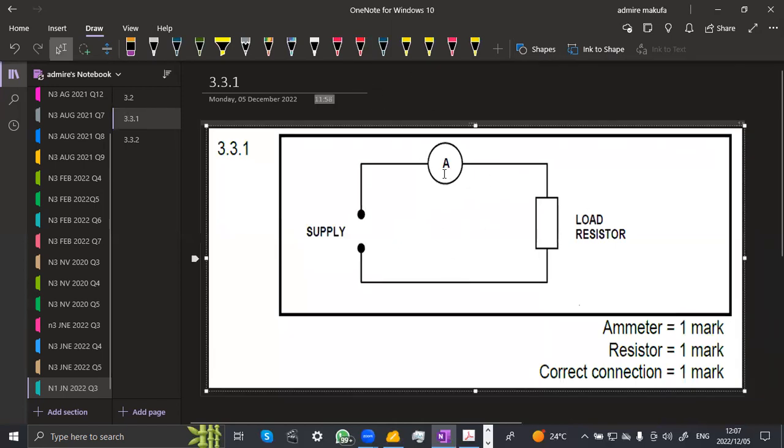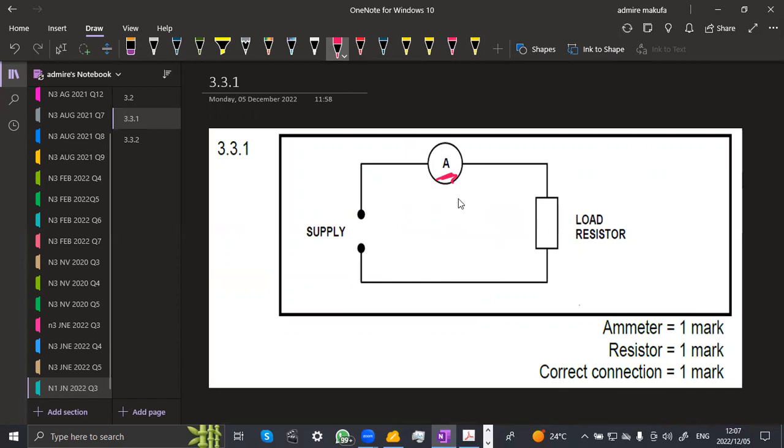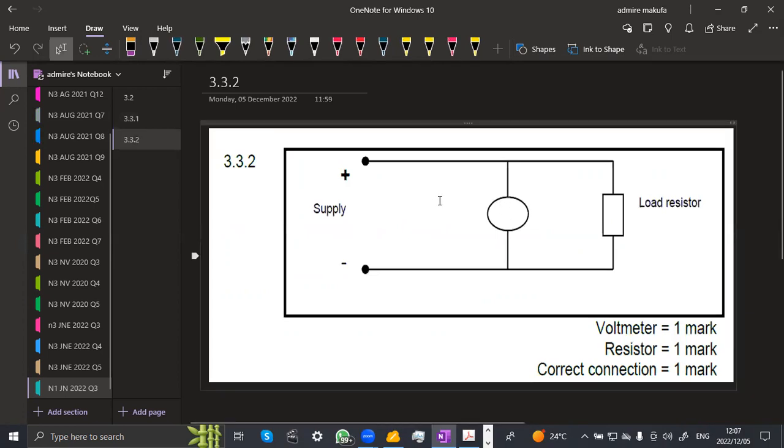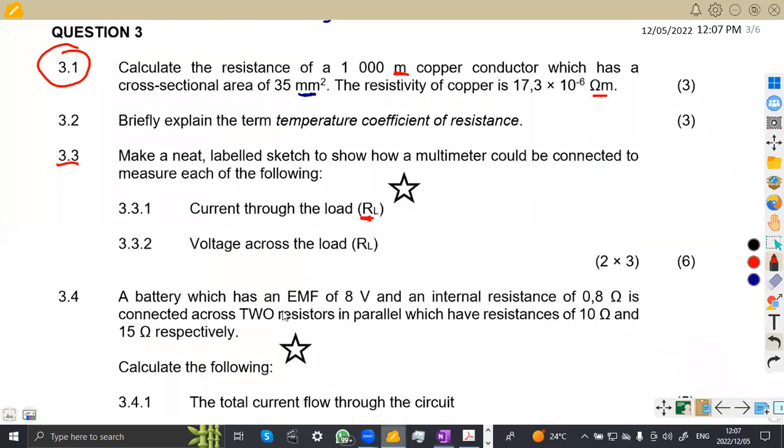That is your ammeter, the one you are using to measure the current. So it is connected in series with the load, which is opposite to voltage, which is connected in parallel. This will be the voltmeter to measure the voltage. So you're going to have your voltmeter connected in parallel with the load resistor. You have the total voltage by doing that. All right, so that's what we had.